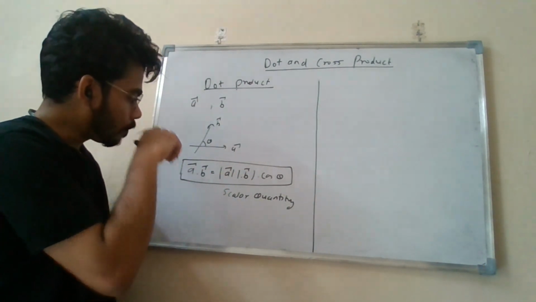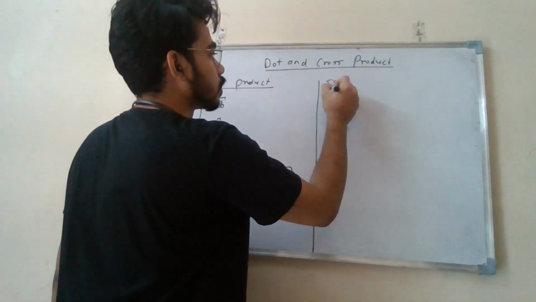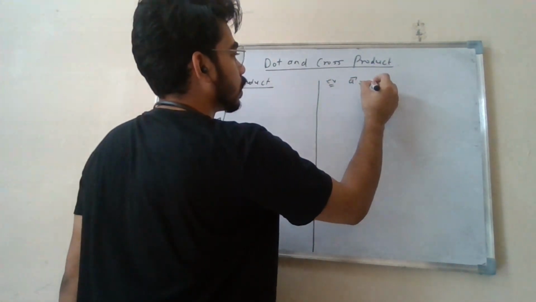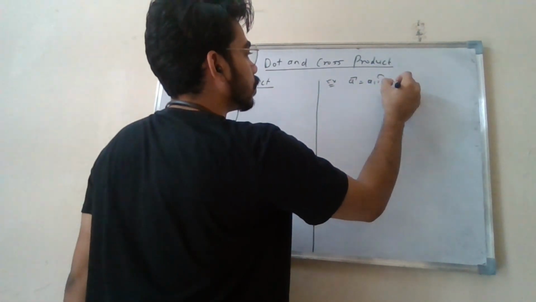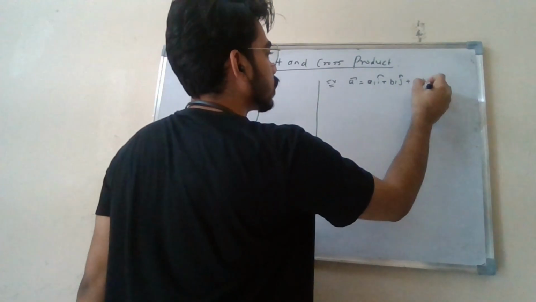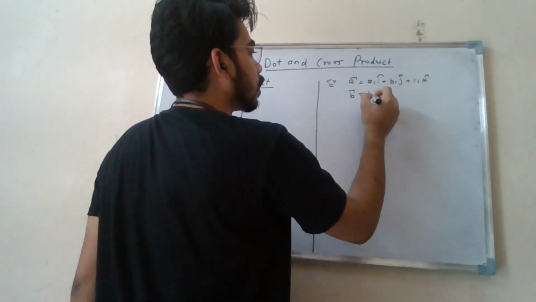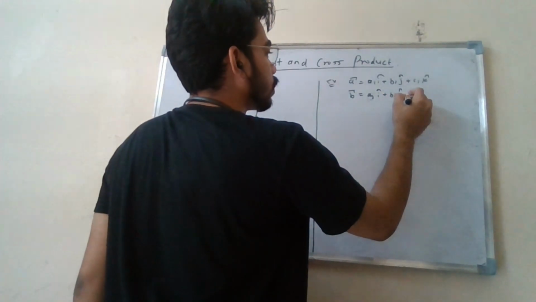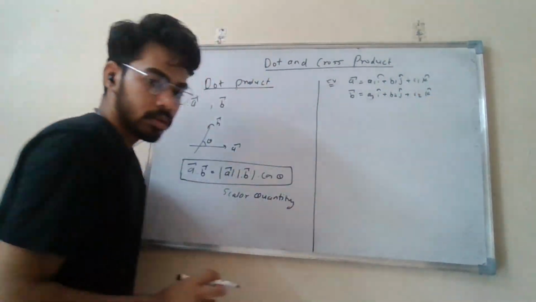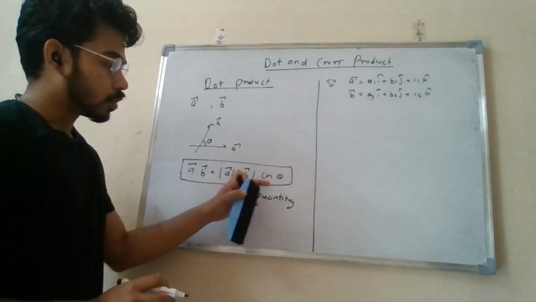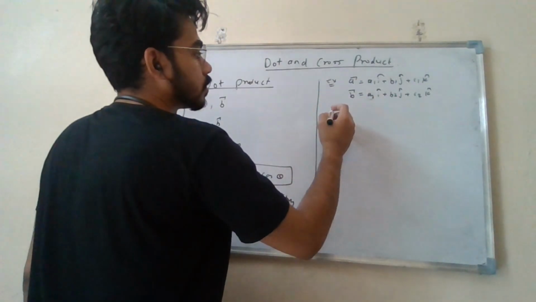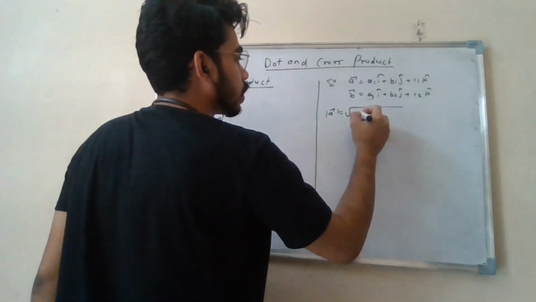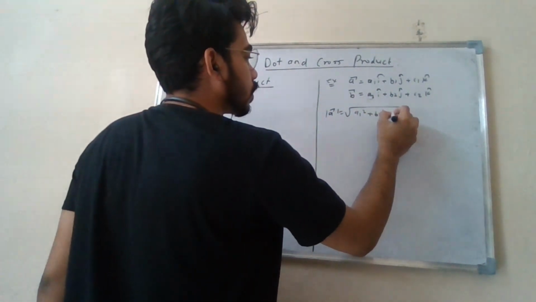Suppose we have two vectors, where the A vector is A1 i cap plus B1 j cap plus C1 k cap, and the B vector is A2 i cap plus B2 j cap plus C2 k cap. Then how can we calculate mod of A, mod of B, and cos theta? Mod A is simply the root of A1 square plus B1 square plus C1 square.